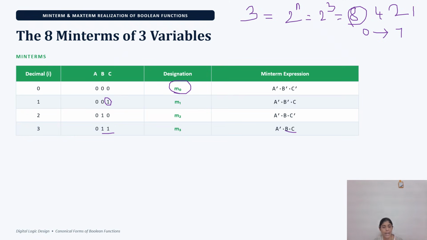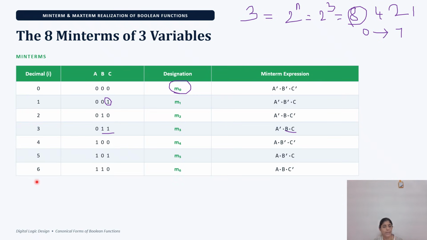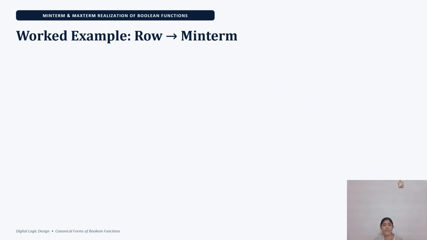B and C are the uncomplemented form. 4: A is an uncomplemented form. 5: A and C are the uncomplemented form. 6: A and B are the uncomplemented form. 7: all the 3 values are uncomplemented form. Right? That's why here you are writing it as A, B, C, and the value you are getting is M7. Right? This is the 8 Minterms of 3 variables.